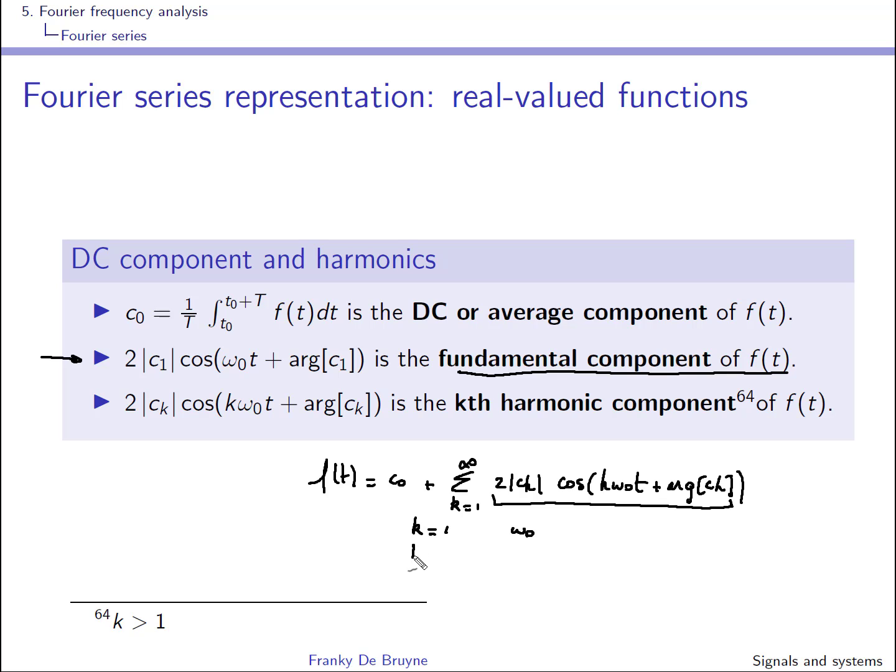Then for k larger than 1, we have the frequencies k omega 0, called the kth harmonic of the fundamental frequency, and the corresponding terms are called the kth harmonic component of f of t.